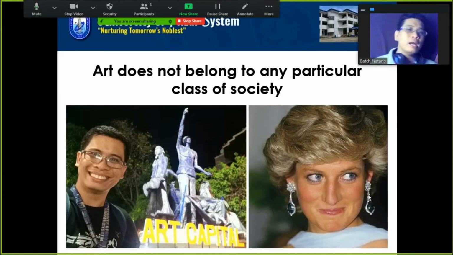There are the poor and the rich. In literature, topics about the divide of society are very rampant. So art in general also has that.